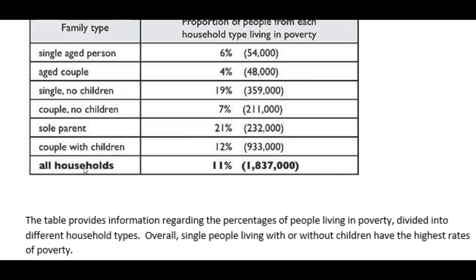You have to mention this. This is really important. You can even see that it's in bold. What I then decided to do, now I didn't have to start with this, but I chose to since it was the average. What I then decided to do was I decided to talk about sole parents, okay, at 21%, and then I referred back to all the households, saying that this is almost double, this figure is almost double this figure, okay?